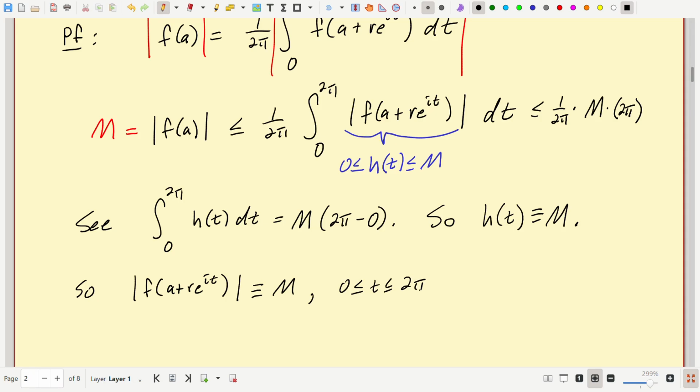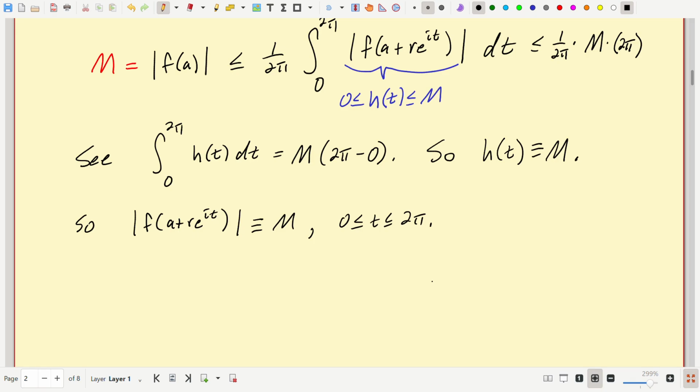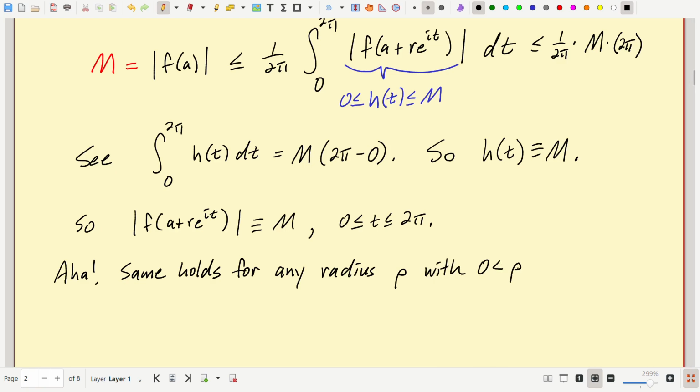And now when you think about it, okay, that's interesting, it has to be constant on the outer circle, but there was nothing stopping us from using a smaller radius. So the aha here is the same holds for any radius rho, with 0 less than rho less than r, by exactly the same reasoning.